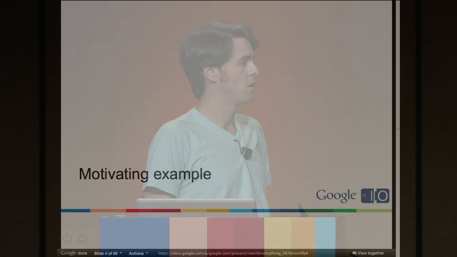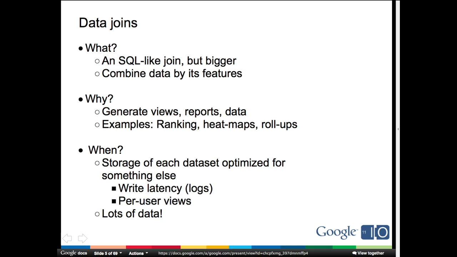OK, so let's talk about the motivation for the Pipeline API, and then I'll talk about what it is. There's something people want to do that's very common: a data join. What is a data join? Basically, I have a bunch of data, and I want to do a join on it, like an SQL join.